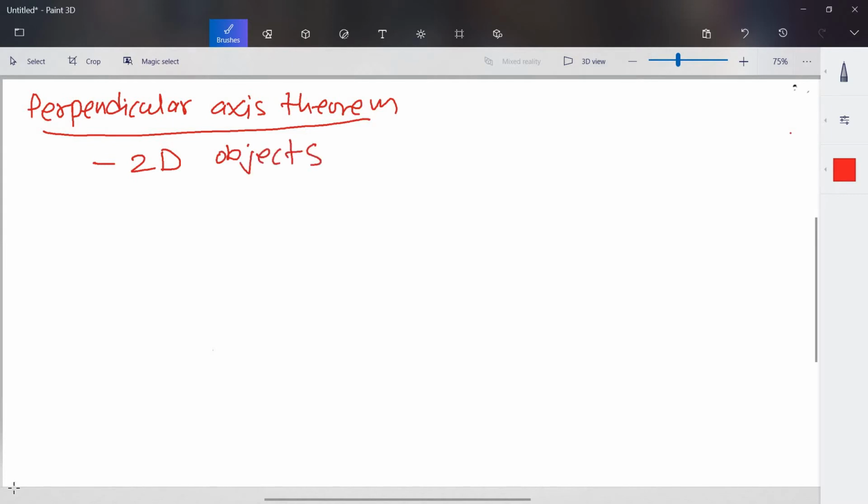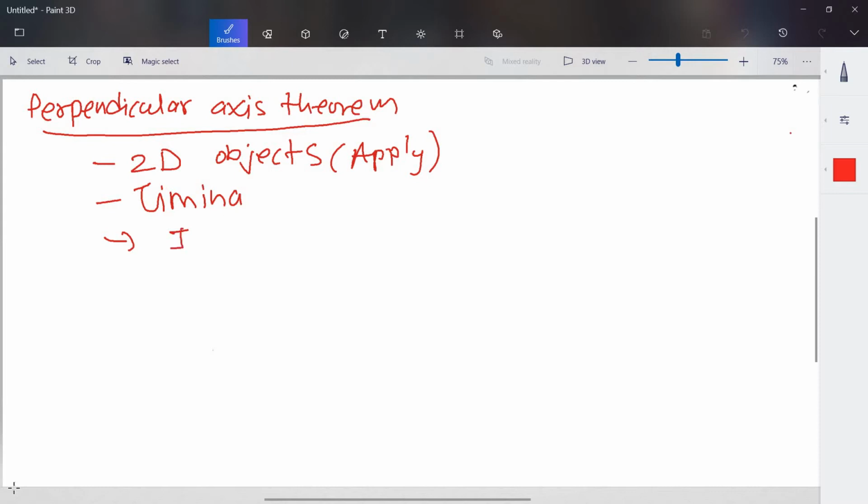Second, lamina, which we know as 2D lamina, like rectangles, a square, etc. Let's write down here: we can apply this perpendicular axis theorem only for 2D objects.